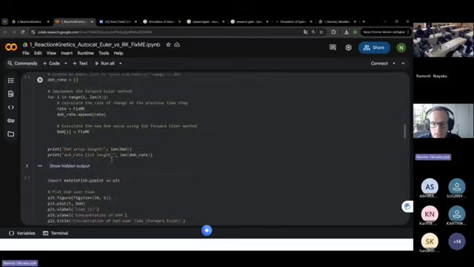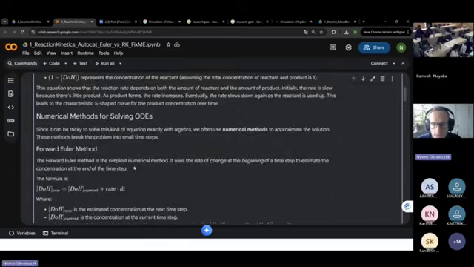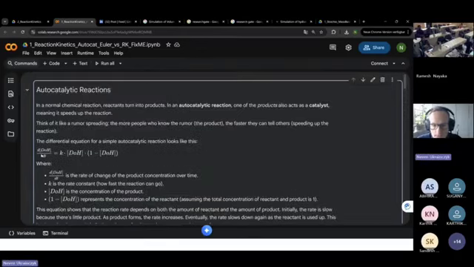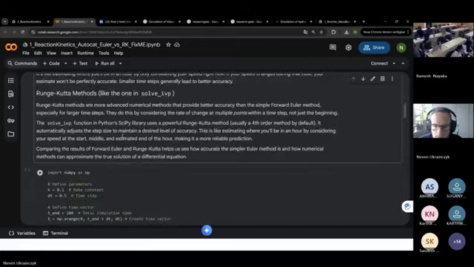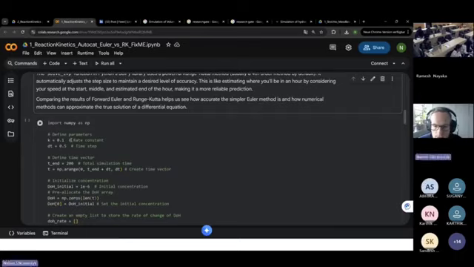So here we are implementing the autocatalytic ordinary differential equation. The degree of reaction rate is proportional to the degree of reaction and to the unreacted part. So we will get that symmetric bell shape of the curve. And here we just define the parameters.